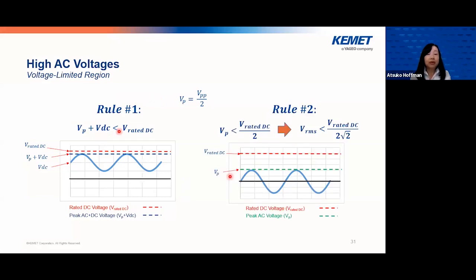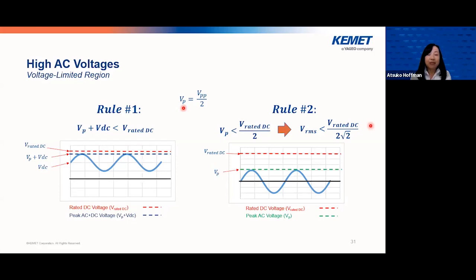Rule number two, the peak voltage of your AC waveform must be less than the DC rated voltage divided by 2. That translates to VRMS needing to be less than the DC rated voltage divided by 2 square root of 2. So this assumes no DC voltage. You're looking at the peak voltage here.